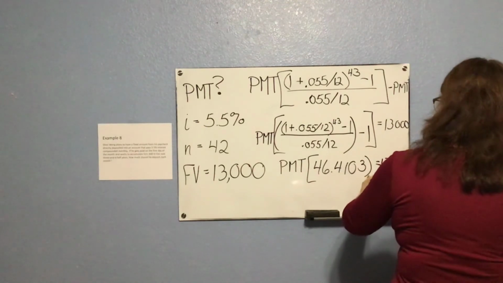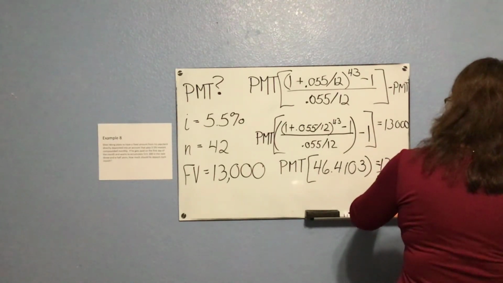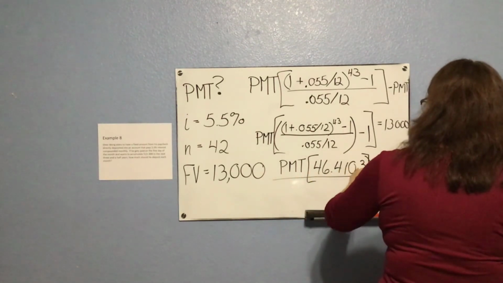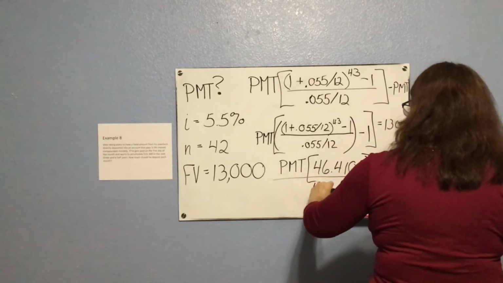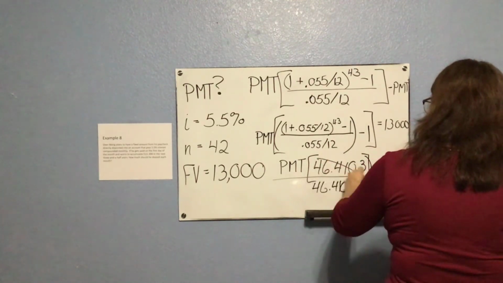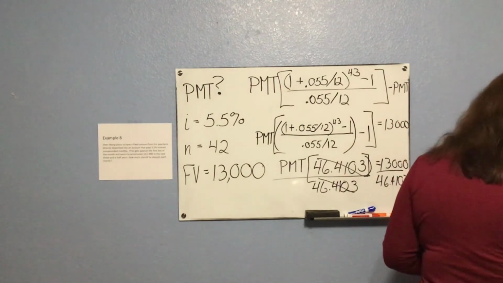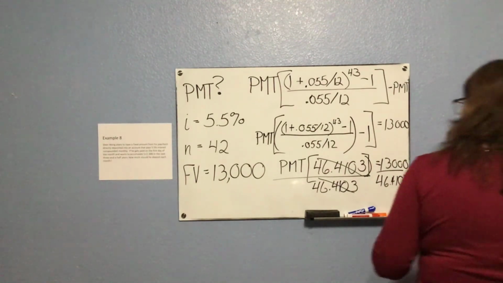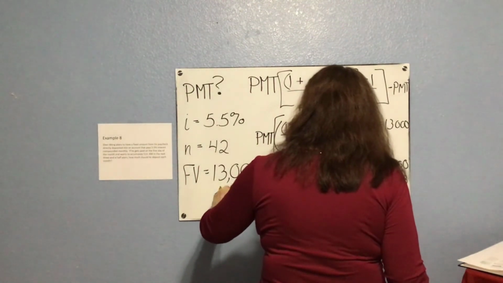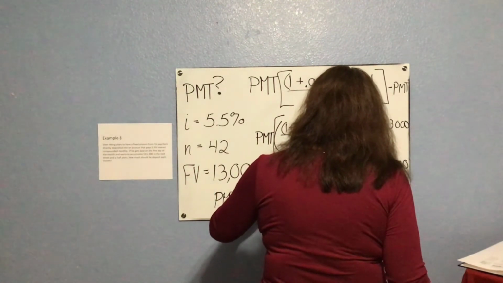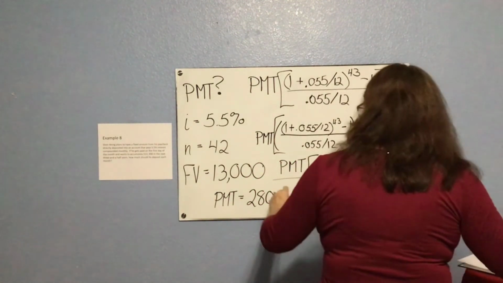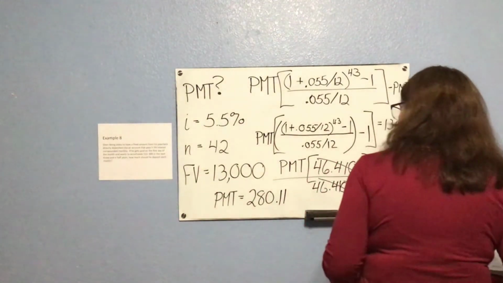So then I'm going to divide by the 46.4103. And I find that Shen needs to make payments of $280 and 11 cents.